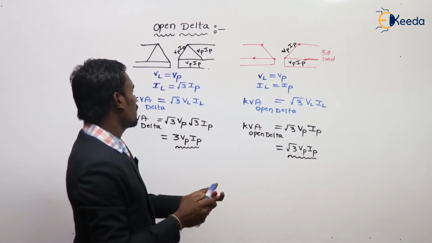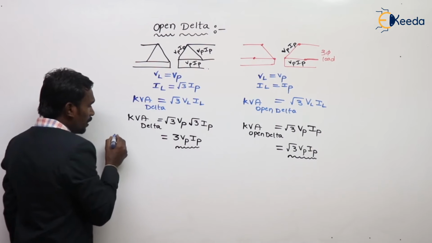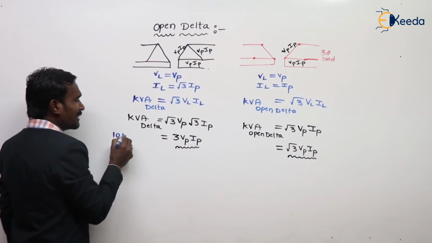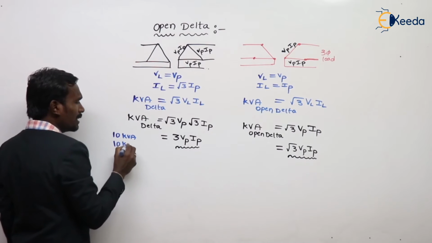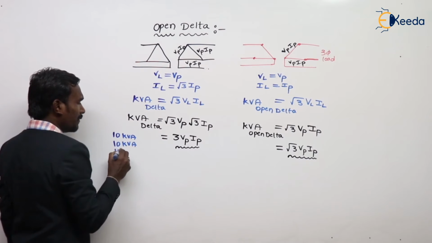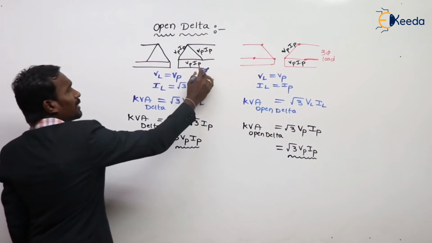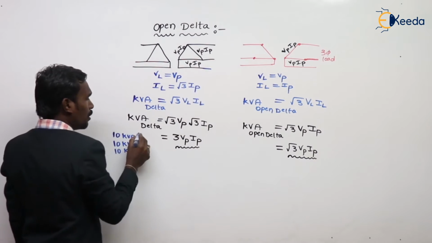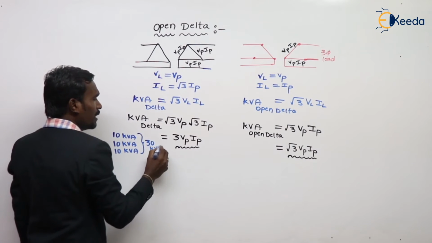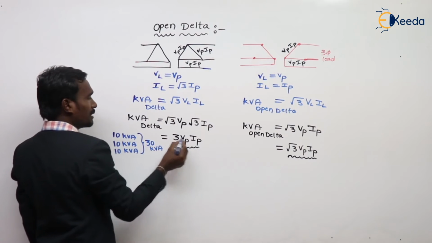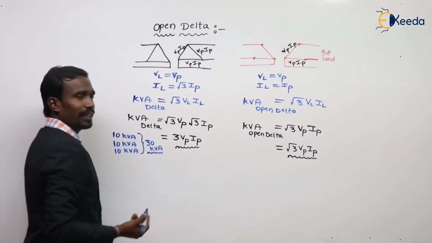Next, see here. For example, each transformer is 10 kVA. I have 3 transformers, 10 kVA, 10 kVA, and 10 kVA. Then the load shared by this closed delta is 30 kVA, 3 times 10.